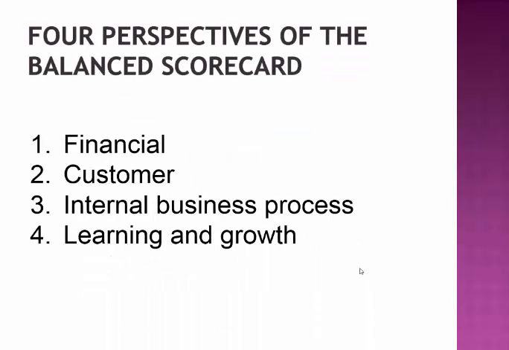So we've got the financial perspective, we've got the customer perspective, we've got internal business process perspective, and the learning and growth. We know that these 4 distinct areas of the balanced scorecard are very interrelated.